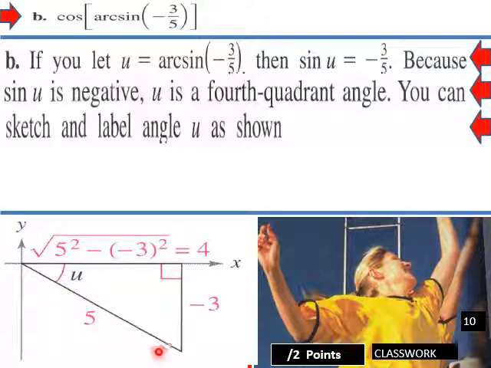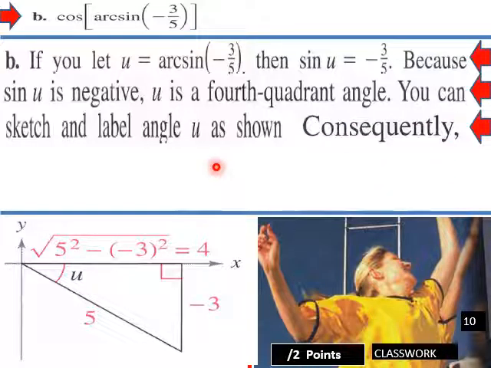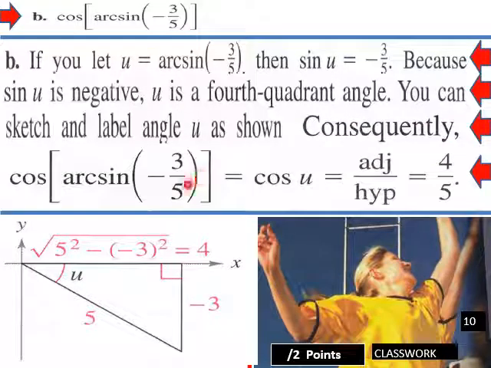So here's your fourth quadrant diagram of sine u equals negative 3 over 5. So we get 4 here for this side. Consequently, cosine of arc sine negative 3 over 5 equals cosine u, which is adjacent over hypotenuse. So it would be 4 over 5 as your solution.